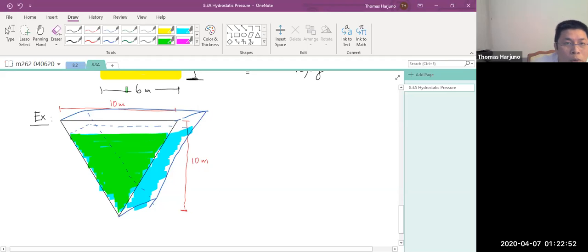Okay, suppose the water is filled up to only 1 meter left. So this is 1 meter left.